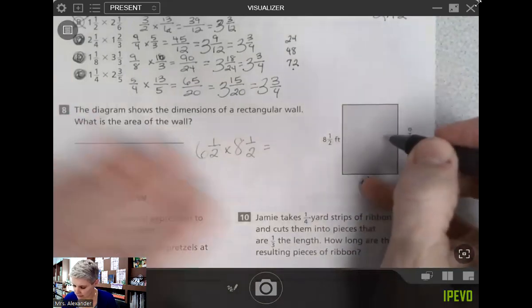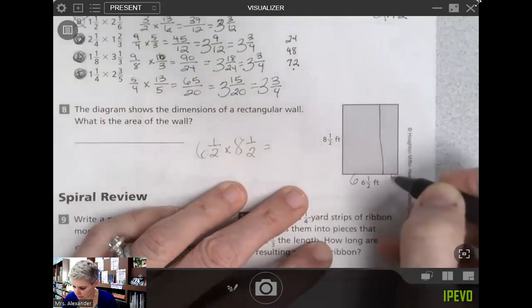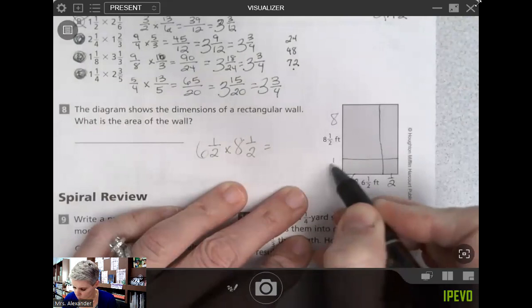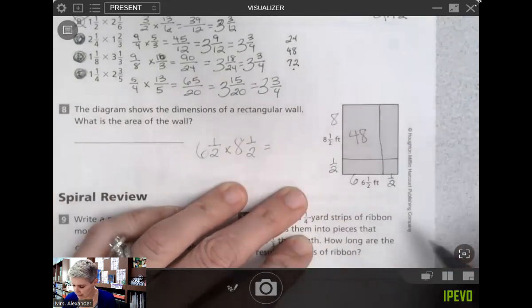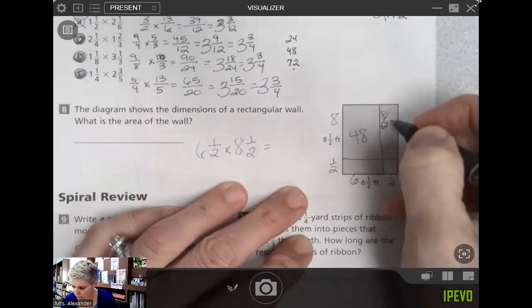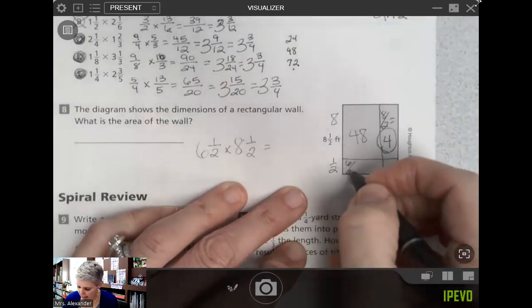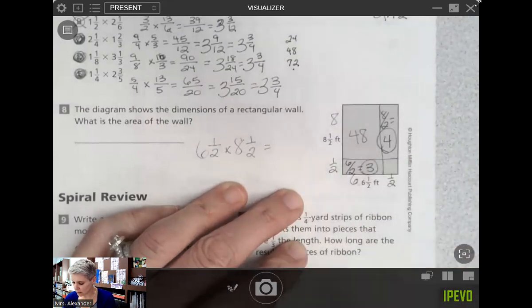So I have 6 1/2. Here's my 6, here's my 1/2. I have 8 1/2. 6 times 8 is 48. 8 times 1/2 would be 8 halves, which would equal a whole 4. 6 times 1/2 would be 6 halves, which would equal a whole 3. 1/2 times 1/2 would equal 1/4.